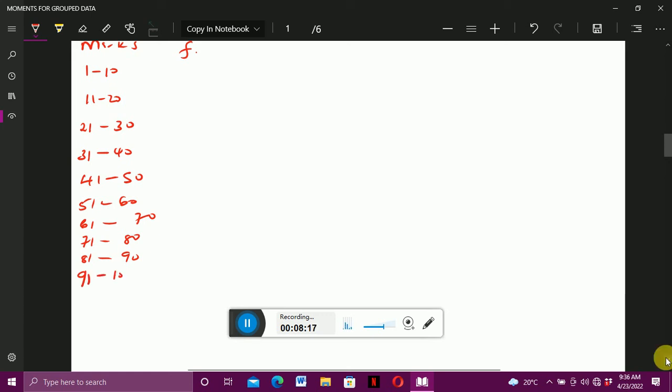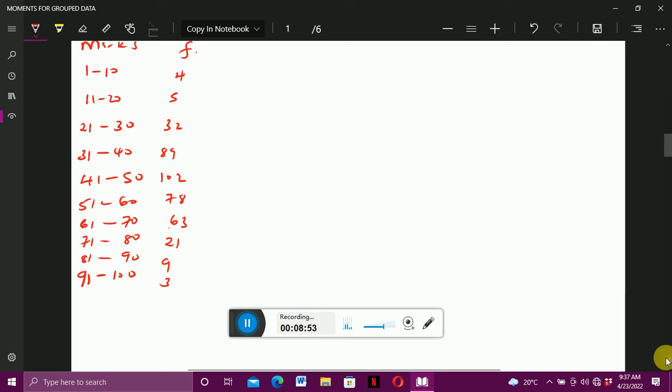The frequencies are 4, 5, 32, 89, 102 students in that range of marks, 78, we have 63 with the range of 61 to 70, we have 21, 9, and 3.